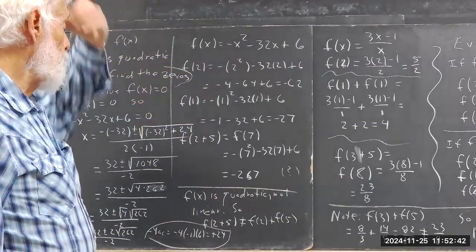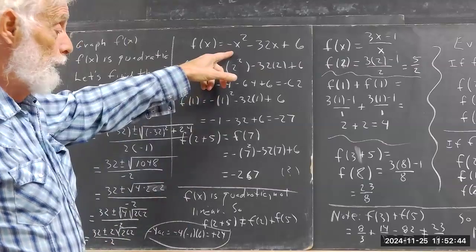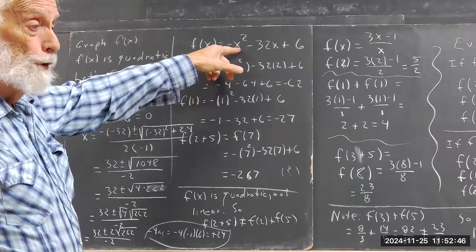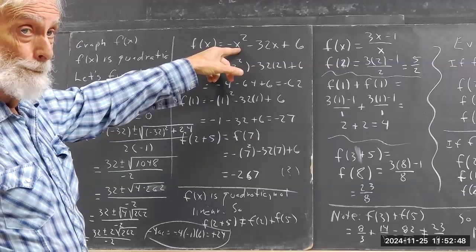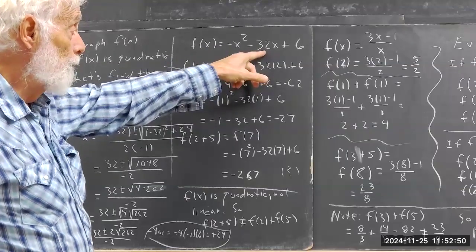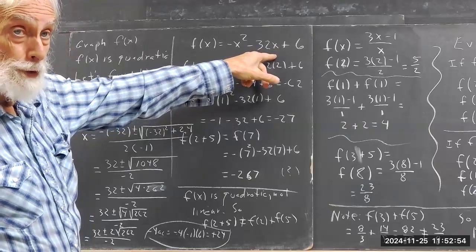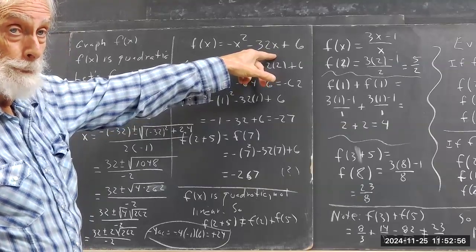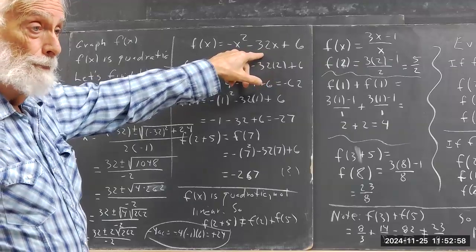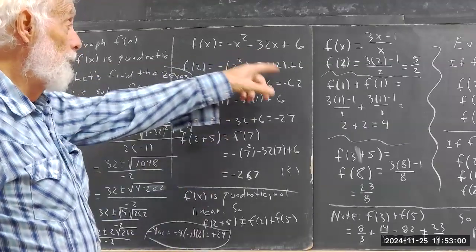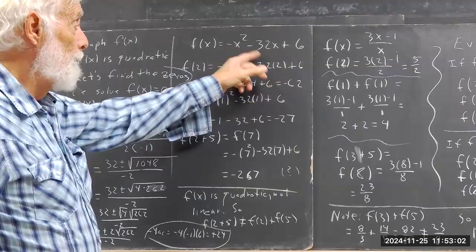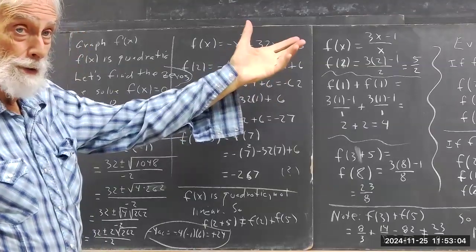If you plug in 32.2, you're going to have the negative of 32.2 squared. Then you're going to add 32 times 32.2, which is pretty close to 32.2 squared, but a little greater. That's going to be a positive. So you add these two up, and they just about cancel each other out.